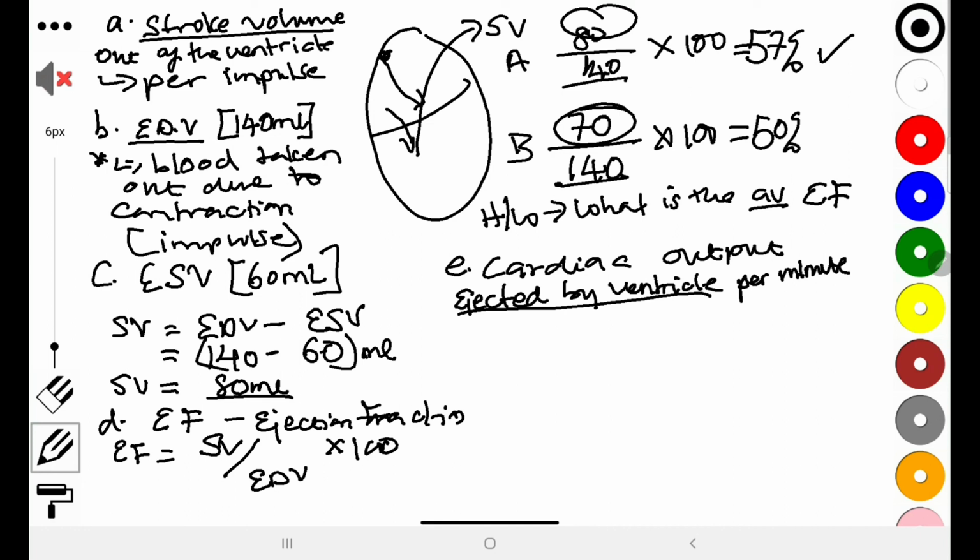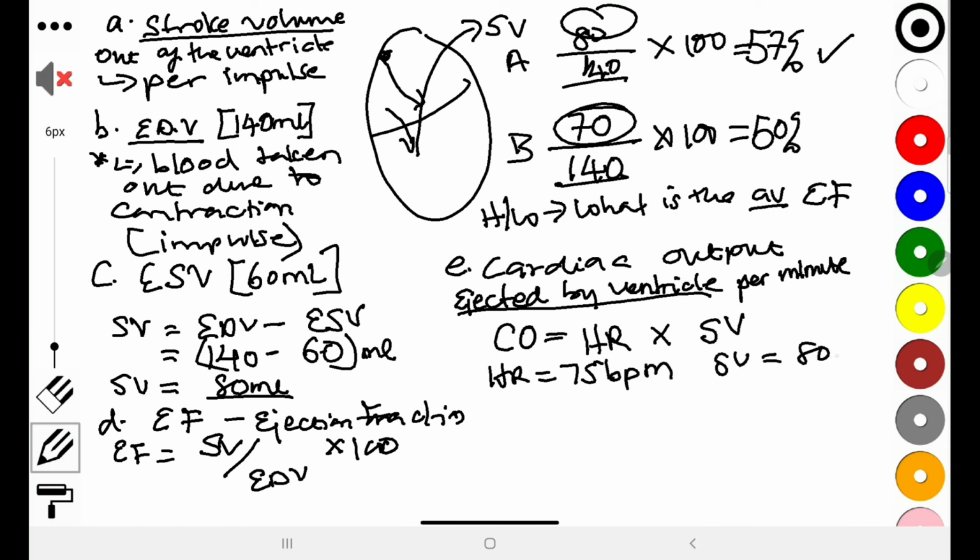Alright, so how is it calculated? Of course you're going to say cardiac output is going to equal heart rate, which is the number of impulses per minute, multiplied by the stroke volume. So in this case, let's say we had a heart rate of 75 beats per minute and a stroke volume of 80 mils.